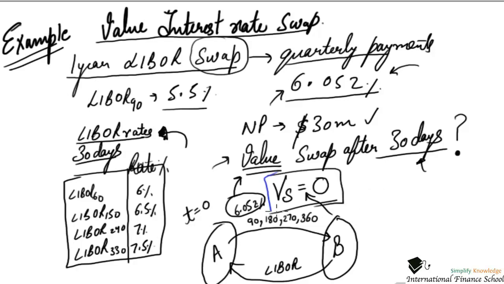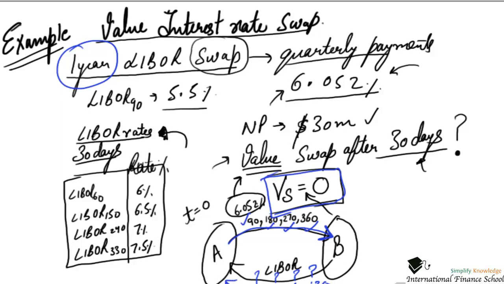At time 0, the money that flows from A to B is a fixed rate at 4 points in the year. It's a 1 year LIBOR swap. And whatever is the LIBOR rate at different points, 90, 180, 270, 360, whatever will be the rate which is applicable, those coupons will get received by A.